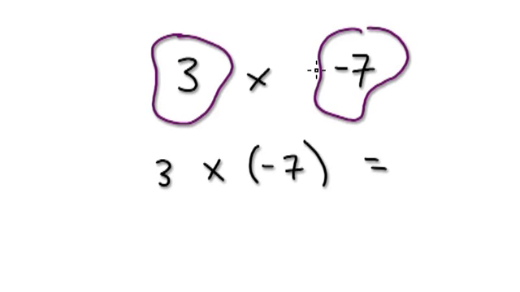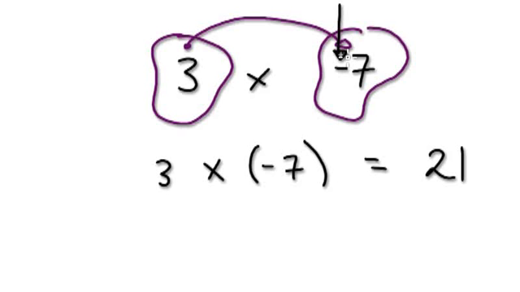Well, here you just ignore all the signs. So here it would be 3 times 7, which is 21. And then look at the sign. There's only one negative here. So remember, if there's only one negative, then it's going to be a negative 21. If there are two negatives, then it will be a positive 21, which is just 21.